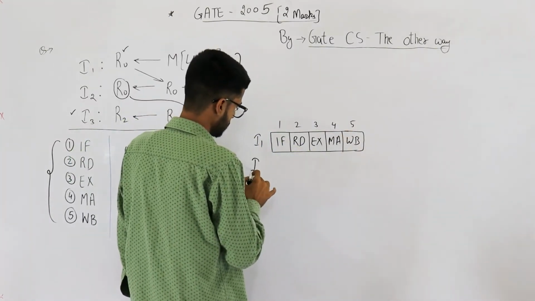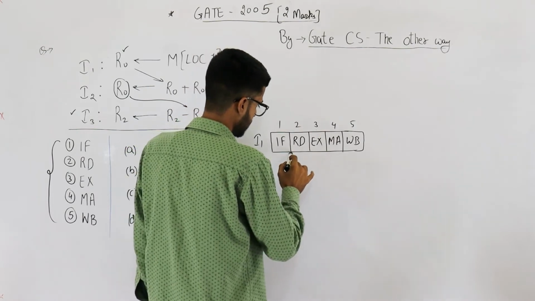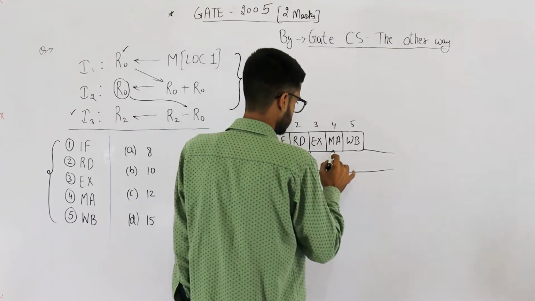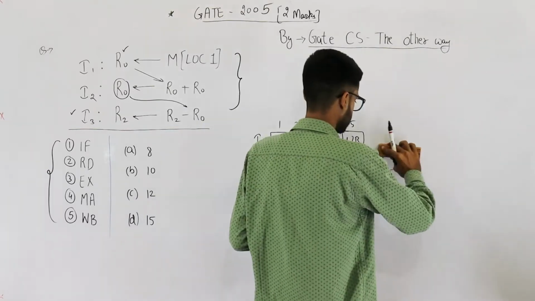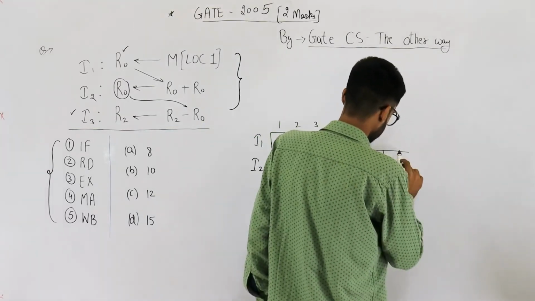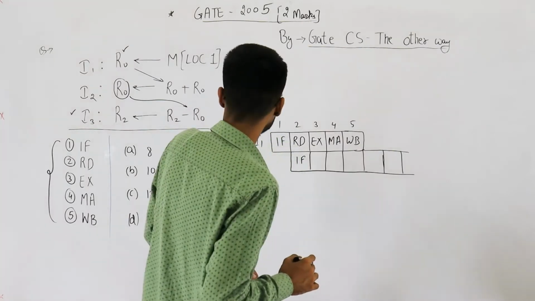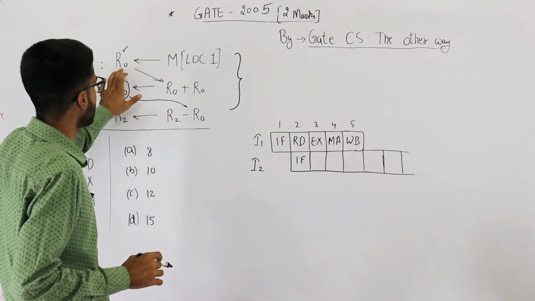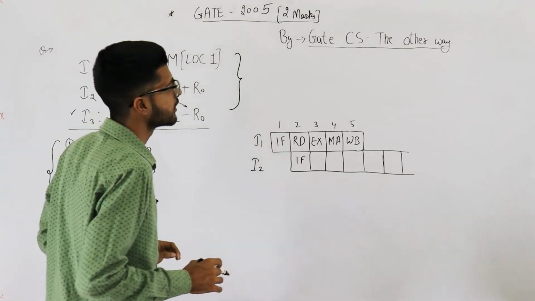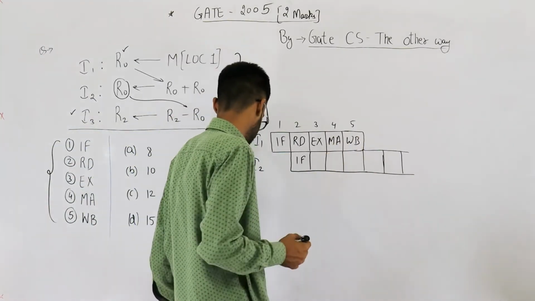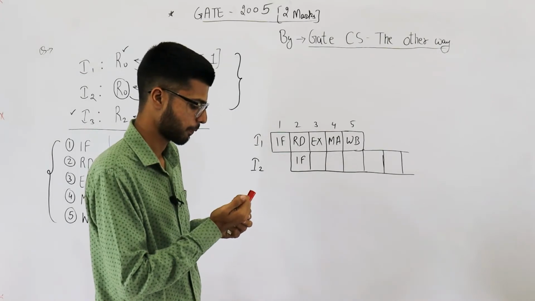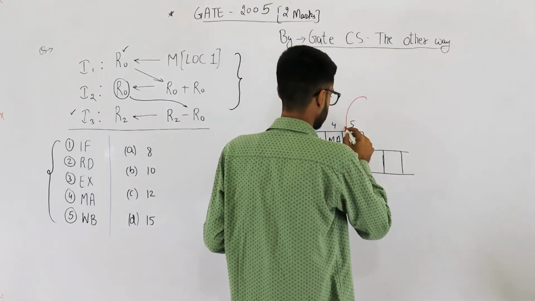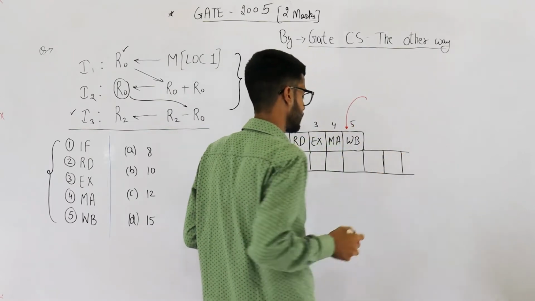Next, we'll be trying to execute instruction I2. So now you notice this register R0 is updated in this phase, in WB phase. How do we know that?